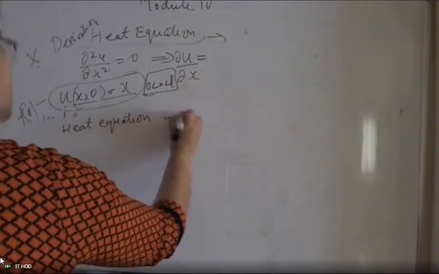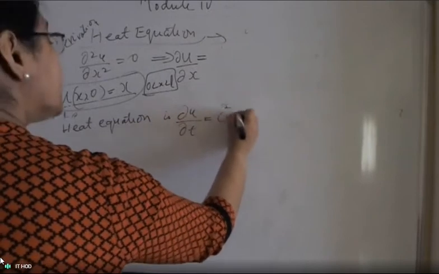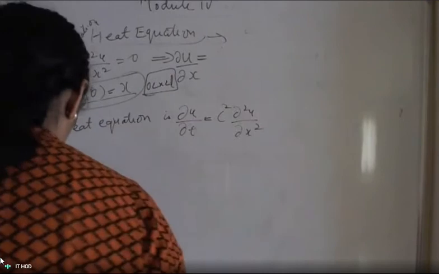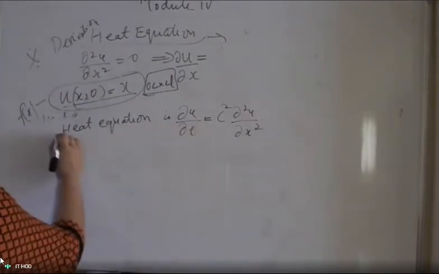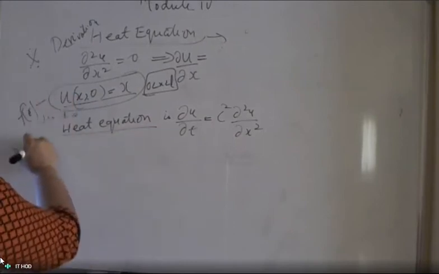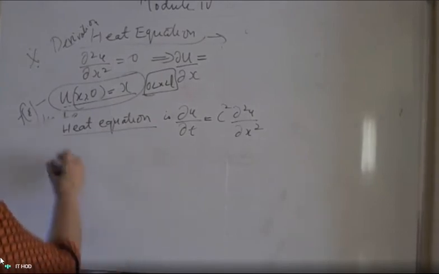The heat equation is dou U by dou t equal to c square dou square U by dou x square. Now what we have to do? We have to write the solution. What is the solution for the heat equation? Once you get k equal to p square and everything, the final solution will be this one. So you must learn this by heart.